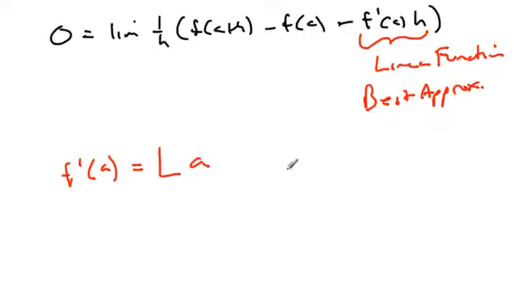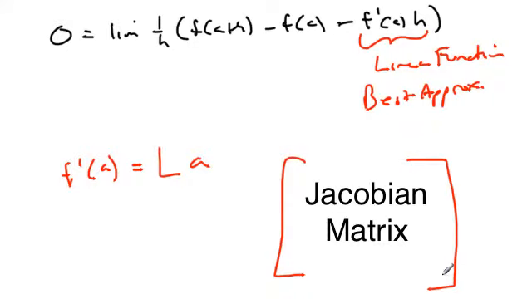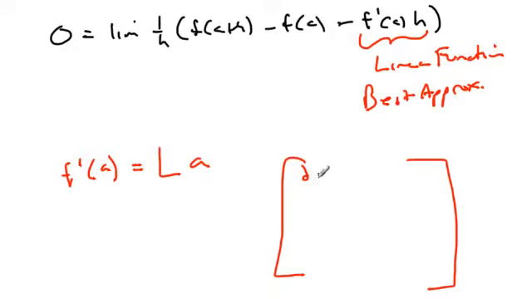So the matrix, actually I'm surprised the book doesn't call it this, is called the Jacobian matrix. And it's the matrix of all the partial derivatives. So it's the partial derivative of f1 with respect to x. This is the partial derivative of, well, maybe we'll call it f sub x because it's the first component.